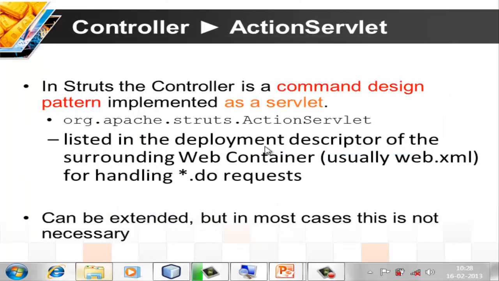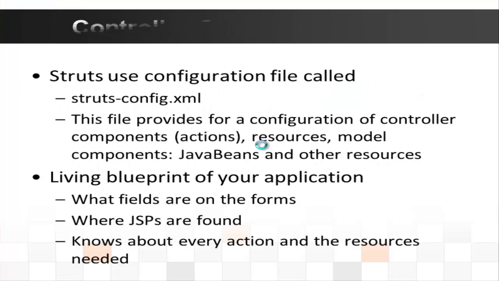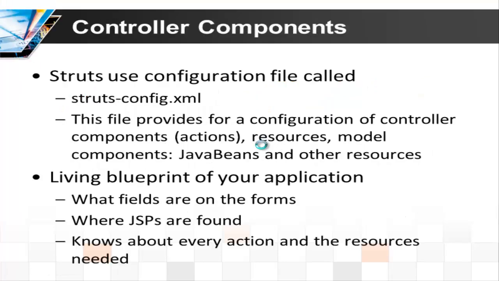This is how the action servlet reads the configuration information. Okay. What is there in this configuration information? The next one. So we said that the servlet, or the controller, will read that particular struts-config.xml. What is there inside it?